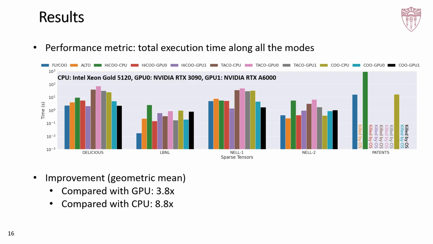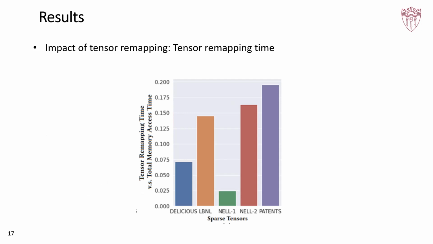And compared with CPU, our implementation is 8.8 times faster. And here we have shown the impact of tensor remapping on the total memory access time. You can see that for all the datasets that we consider, it's always under 20%.